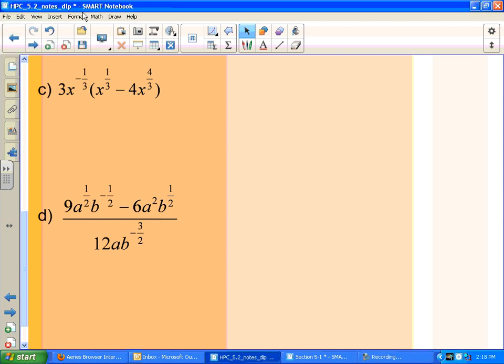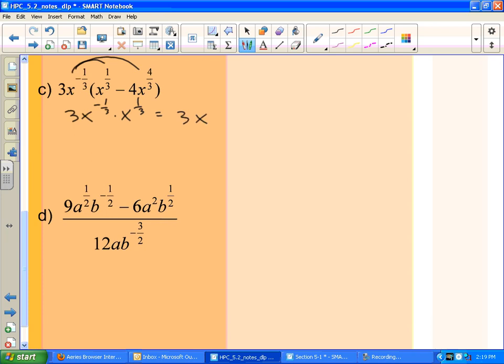I've got this 3x to the negative 1/3 multiplying by this binomial. So look at this: 3 times 1, adding those exponents together, this just becomes 3.